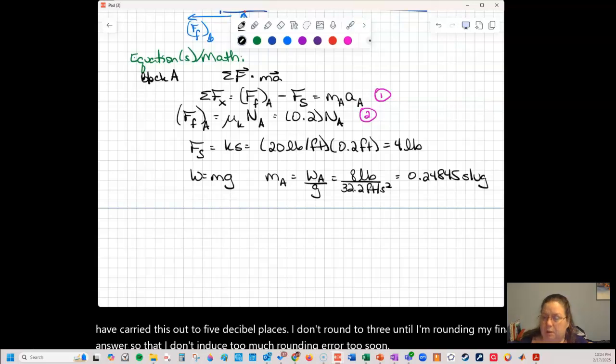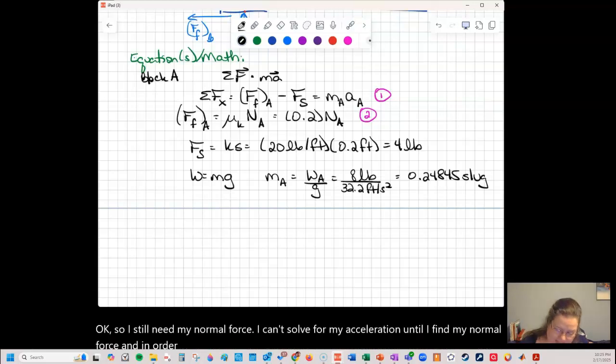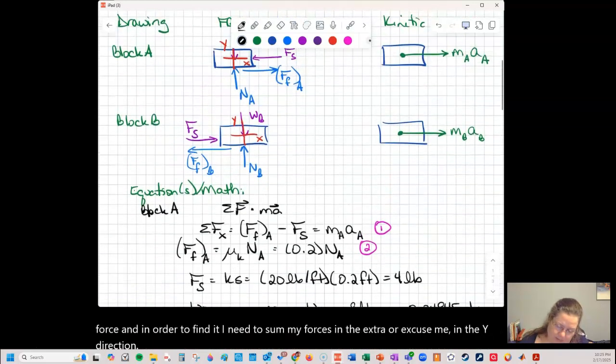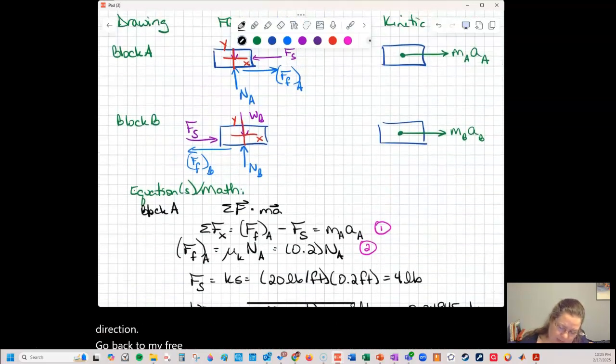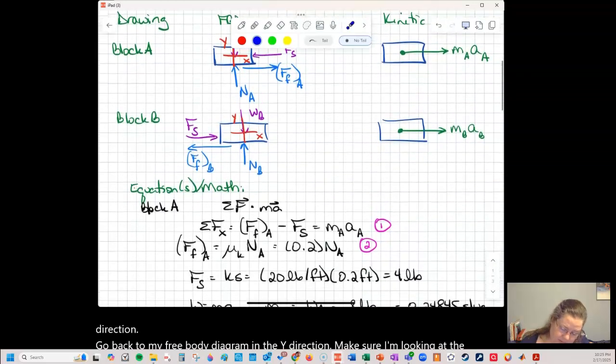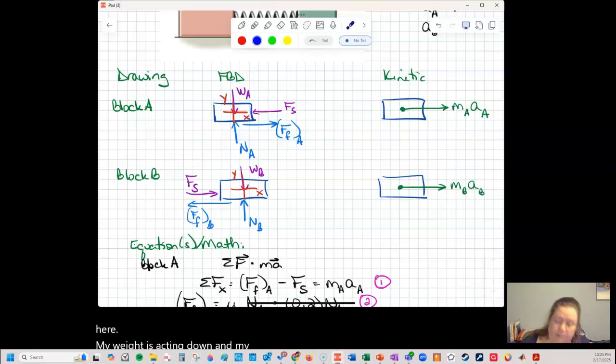Okay. So I still need my normal force. I can't solve for my acceleration until I find my normal force. And in order to find it, I need to sum my forces in the y direction. Go back to my free body diagram. Make sure I'm looking at the right block here.